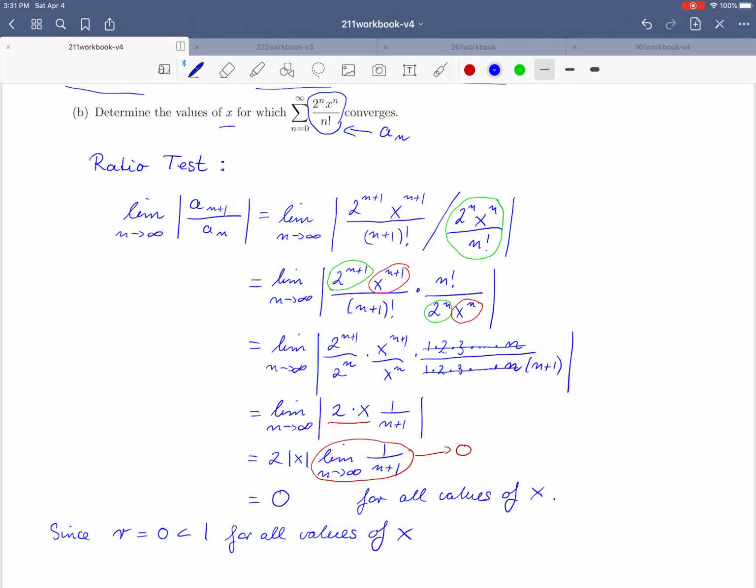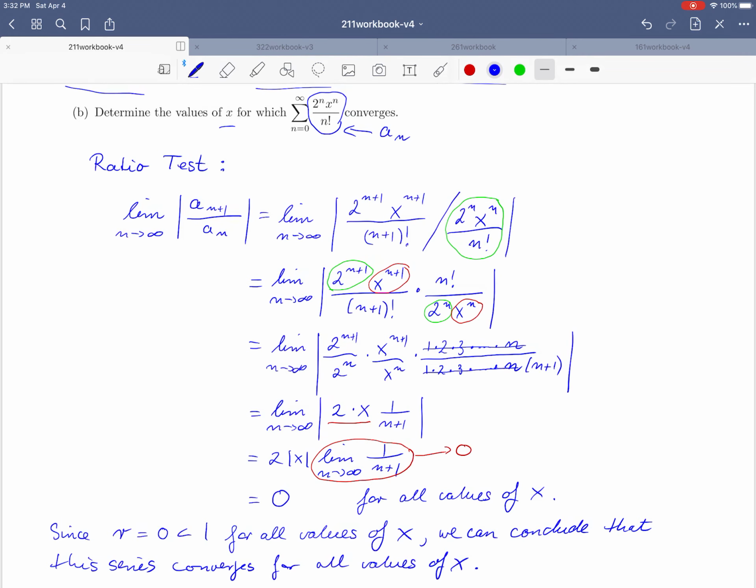Because if you remember, when this value from the ratio test is less than 1, we get convergence. And since we get 0 for all values of x, we get convergence of the series for all values of x. So we can conclude that this series converges for all values of x.